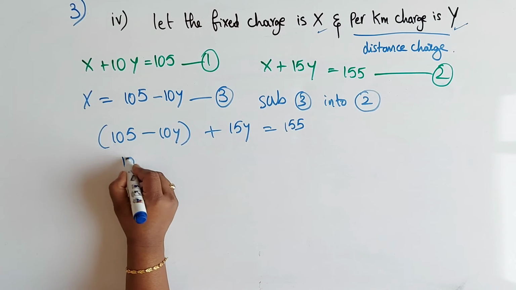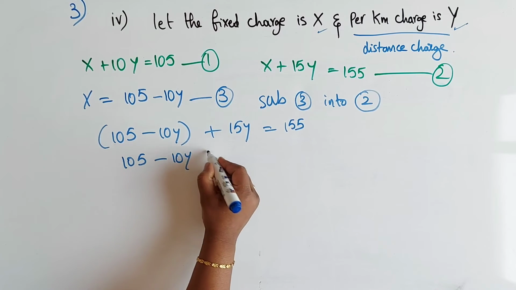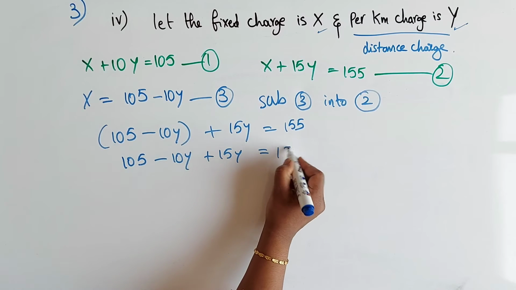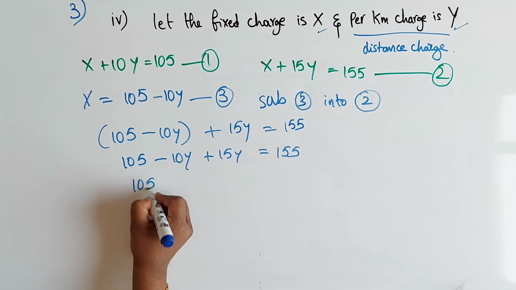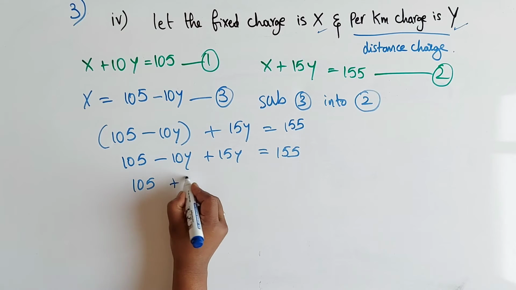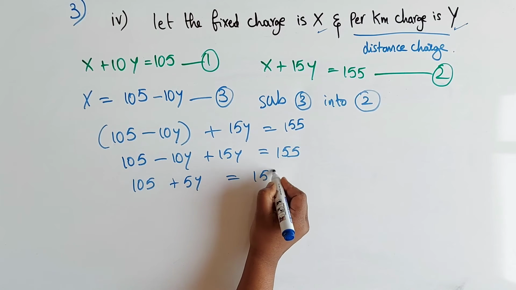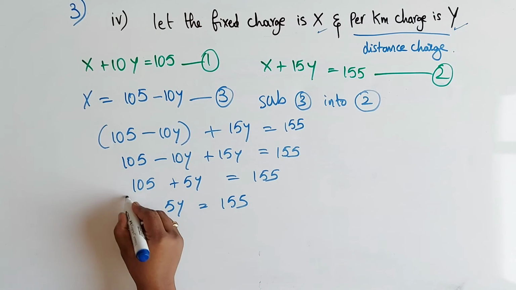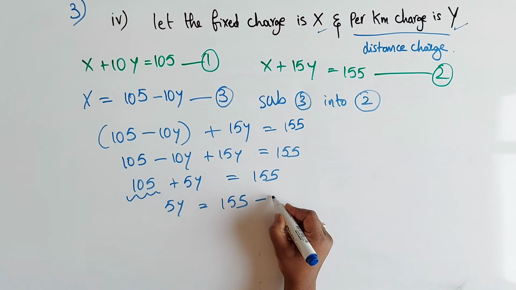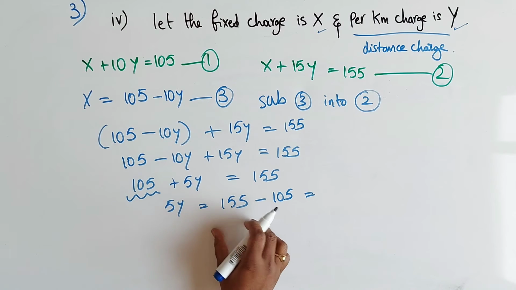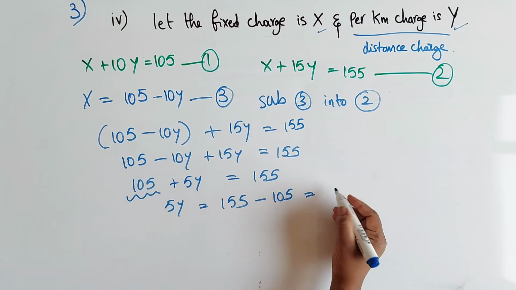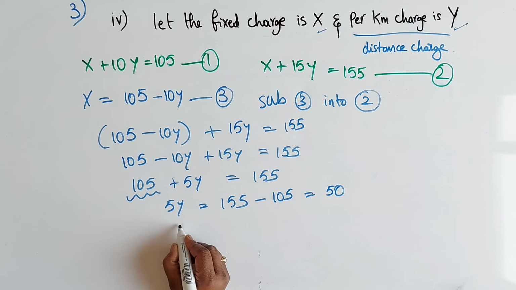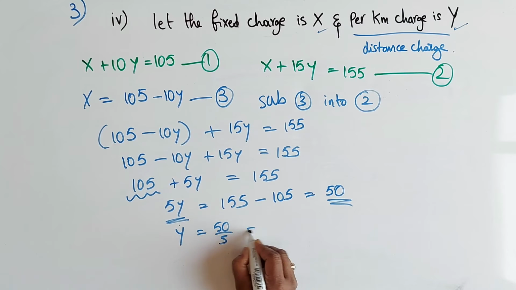Now just remove the brackets. 105 minus 10y plus 15y equals 155. Now 15 minus 10 is plus 5y, so 5y equals 155 minus 105, as 105 will go to the right hand side. 155 minus 105, children, that is 50. Now 5y equals 50. What is the y value? 50 by 5 equals 10.